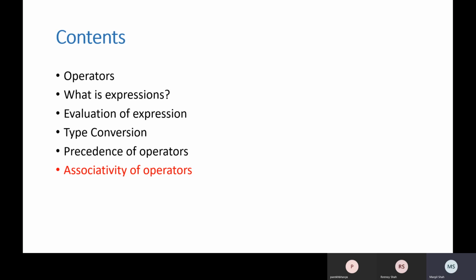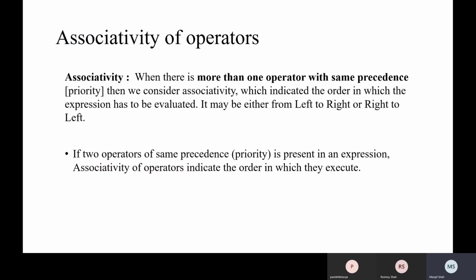Another concept is the associativity of operators. So what is associativity? When there is more than one operator with the same precedence priority, then we consider associativity, which indicates the order in which the expression has to be evaluated. It may be either from left to right or right to left.